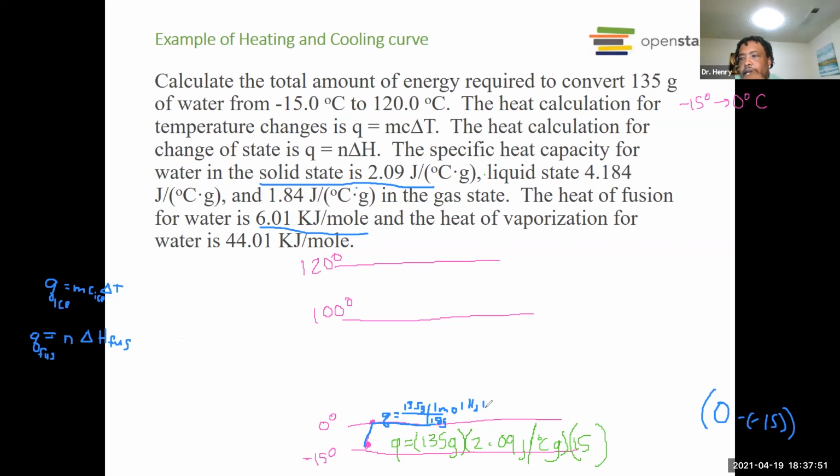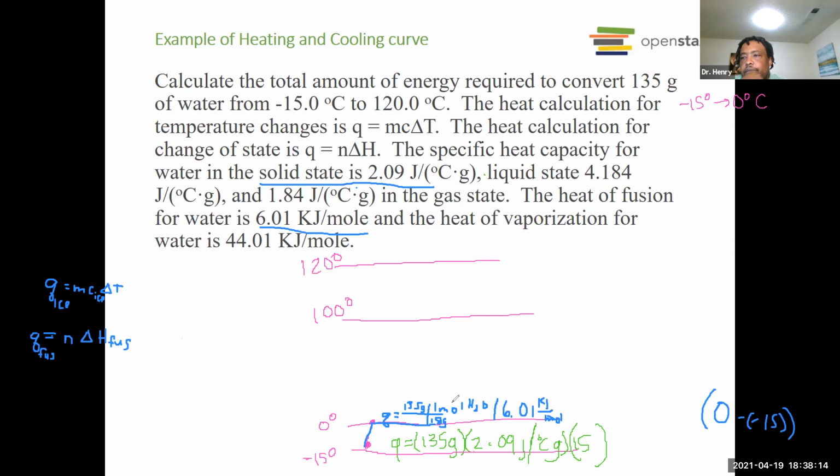And then we multiply that directly by our delta H of fusion, which is times 6.01 kJ per mole.